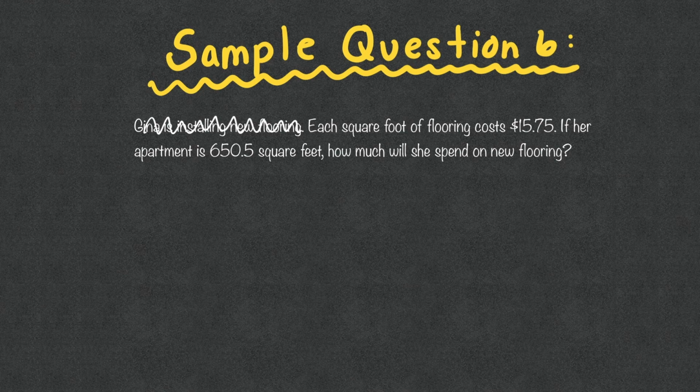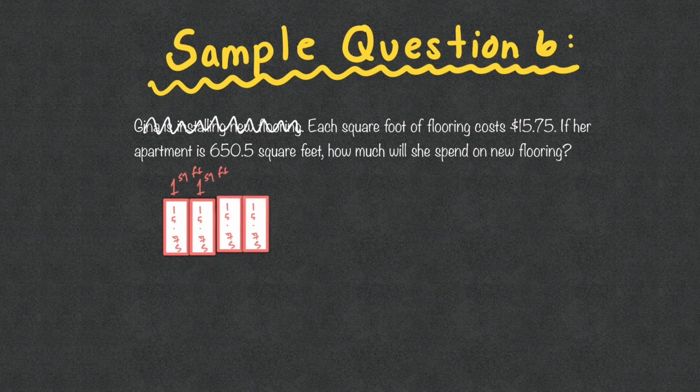We know that each square foot of flooring costs $15.75. So if we start to think about this, we know that the first one is going to be $15.75. And that's 1 square foot. If I took this, I know that the second square foot is going to be the same thing. The third and fourth square foot are going to be the same thing.